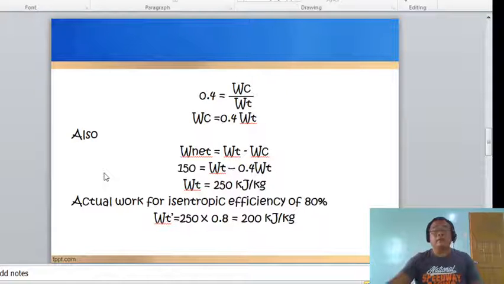Take note of that, class. In the turbine, the work will reduce, and in a compressor, it will increase because of the efficiency. In compressing the air, it requires more power because of the inefficiency. Getting now the turbine work, applying the isentropic efficiency, that is equal to 200 kilojoules per kilogram.